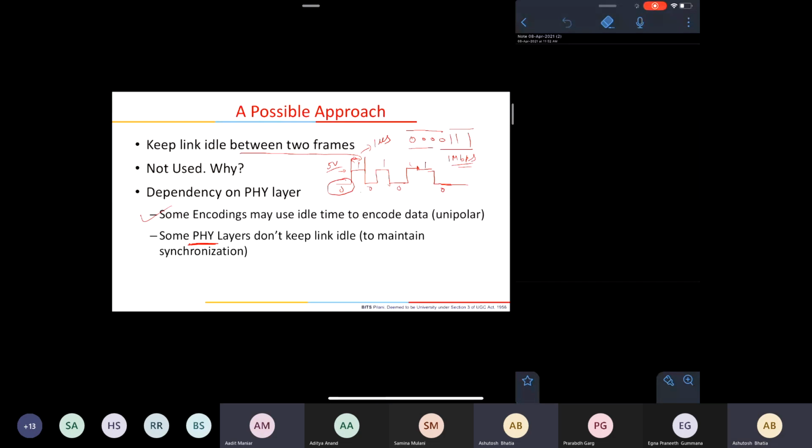Yes, sir. So in that case, both the transmitter and the receiver are running their own clocks. When the receiver is running its own clock, that receiver clock may be faster. So if the receiver clock is faster, then instead of 1 second, it is a little bit faster.